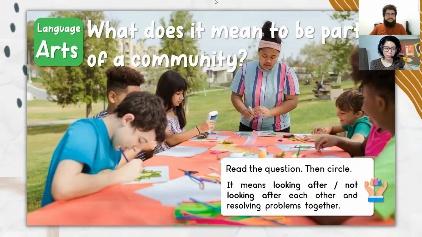As an example, we have here the first inquiry question, which is: what does it mean to be part of a community? The students had to read the question, then circle "looking after" or "not looking after." This is actually a simple answer.